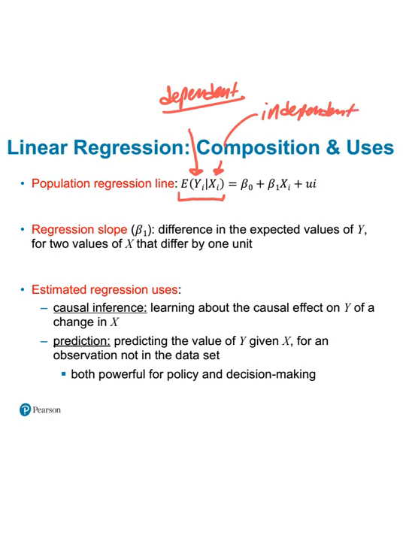And the relationship between our y's and our x's will be given by this population regression line, where we have beta naught, which will be our y-intercept. We'll have beta 1 times x_i. So x_i is our independent variable, and beta 1 will be the impact of that variable on our dependent variable y. And then we'll have some error term that we'll talk about soon enough.